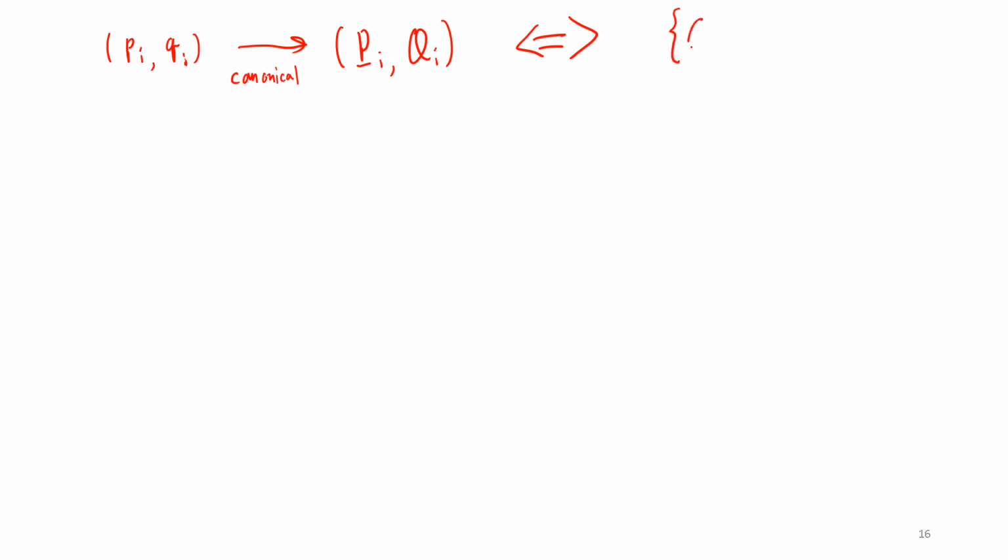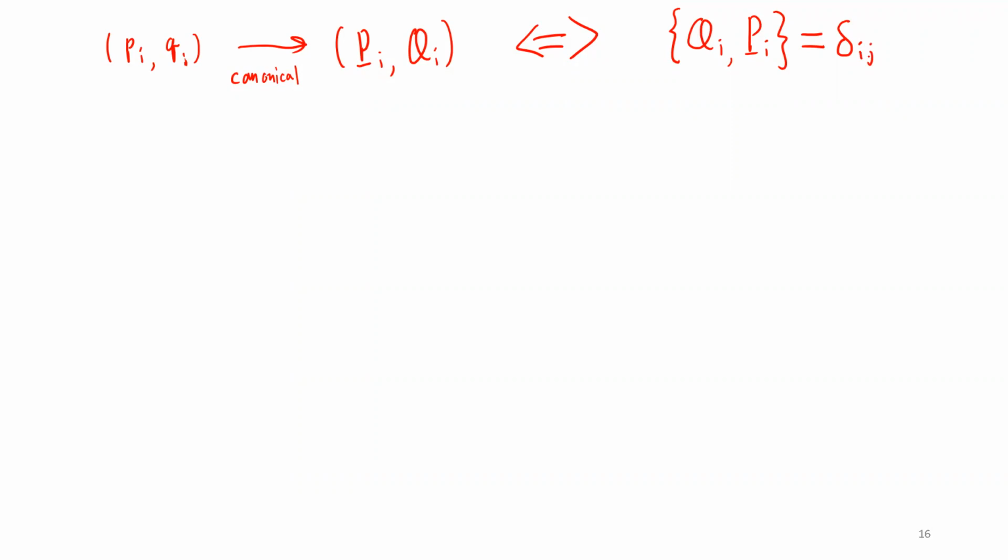Suppose I do a canonical transformation from small p and small q, and there might be a set of p and a set of q, so not necessarily a one-dimensional system, to capital P and capital Q. This is a canonical transformation if and only if the Poisson bracket of capital Q and P equals delta ij.